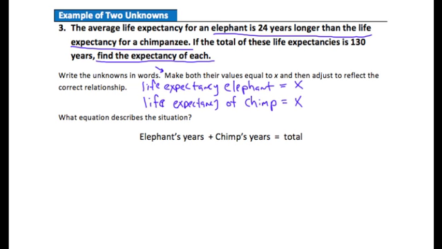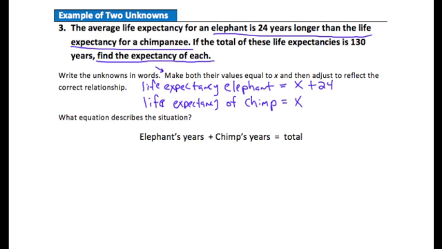There is the relationship. So what we want to do is we want to make sure that we're going to say that the elephant is going to live on average 24 years longer than the chimp, which means we just need to take this one and add 24 to it. Now, we still don't know how long each of these animals are going to live, but we do know that once we find x, we're going to make sure now that the elephant is living 24 years longer than the chimpanzee.